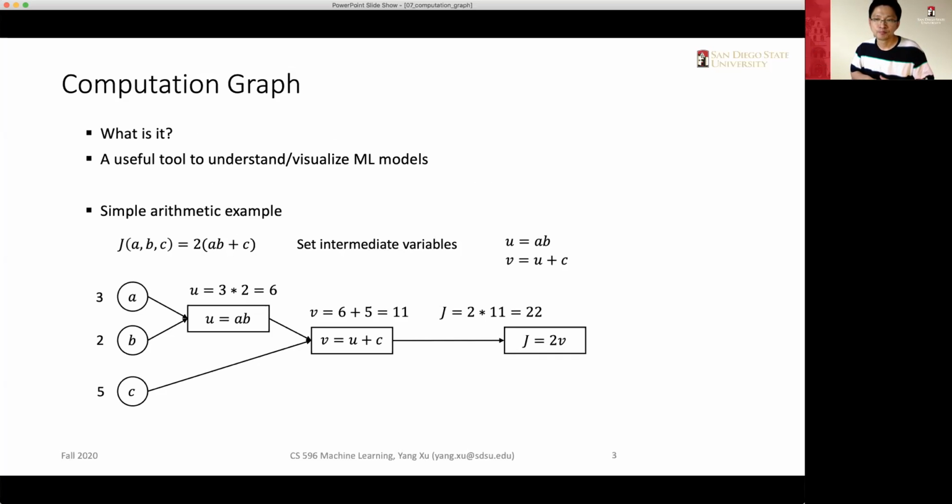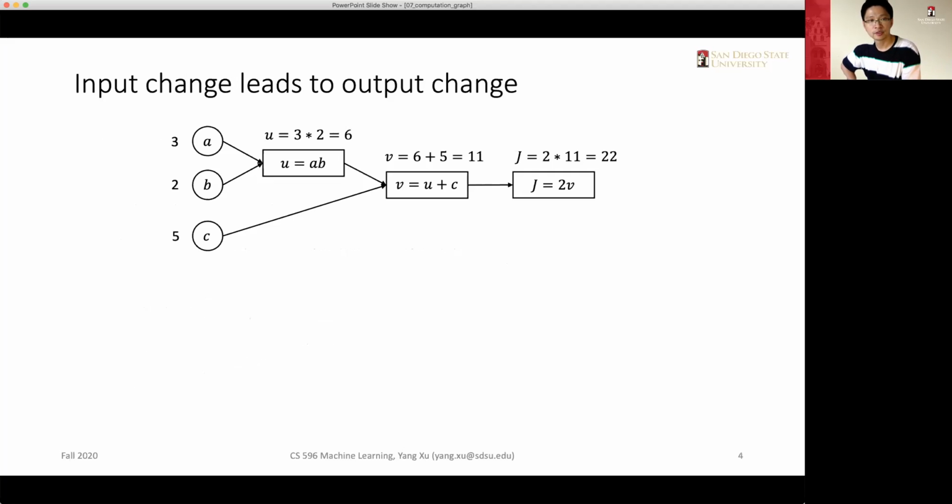Next, we're going to use the computation graph to achieve some more advanced function, to help answer the questions that are more interesting to us. For example, we want to know how much the output will change if some inputs change a little bit, how the changes in the input variables will lead to changes in the outputs.